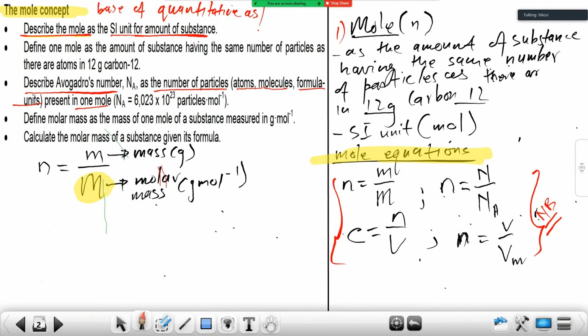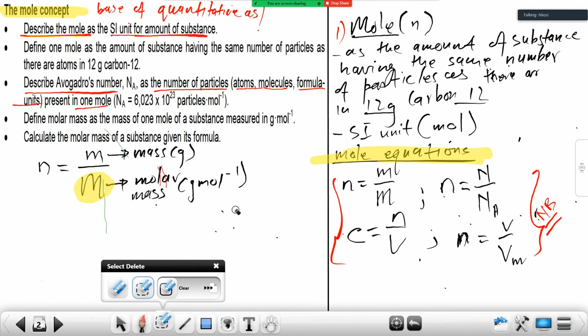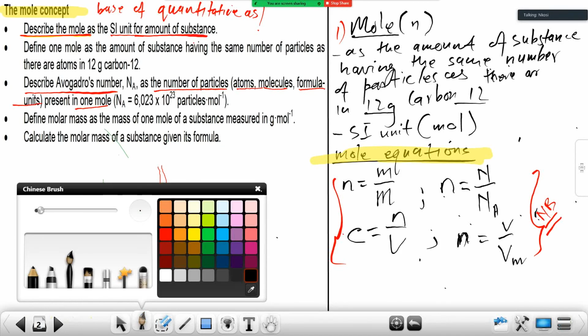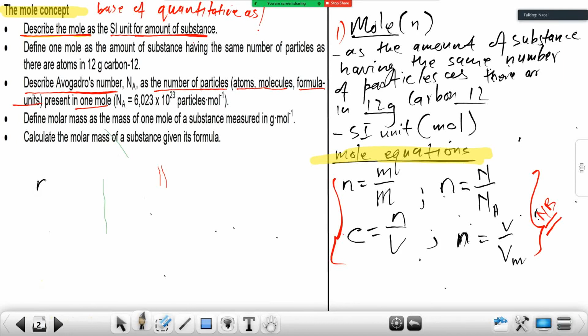To be in a position of calculating the number of particles, atoms, molecules, I must use the Avogadro number. So I am going to write the relevant formula for this: N = n over Na.